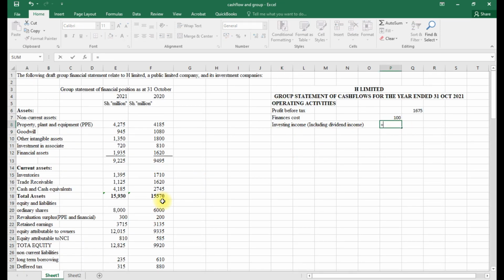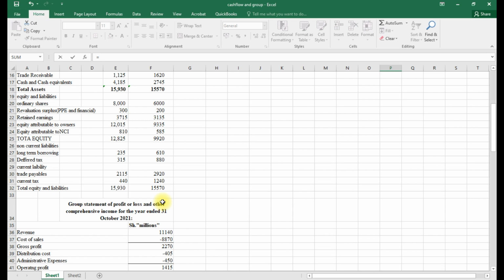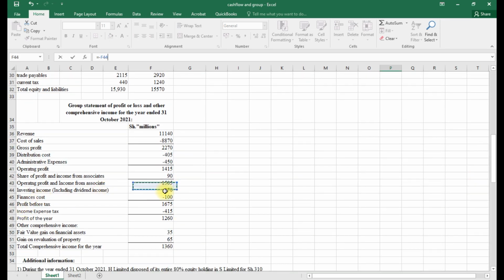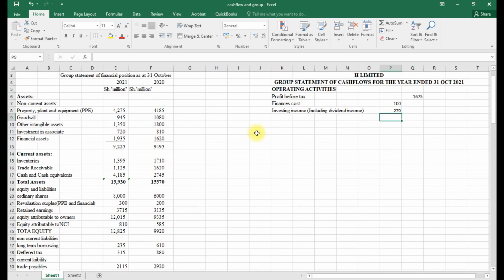So here our investment income, I'll put it as a negative, negative 270.